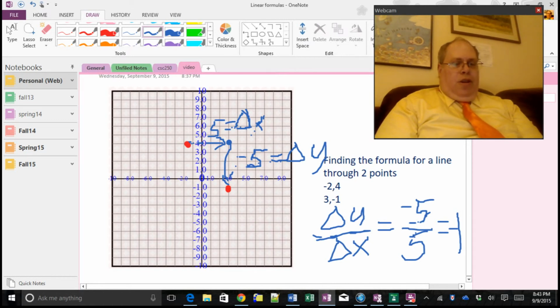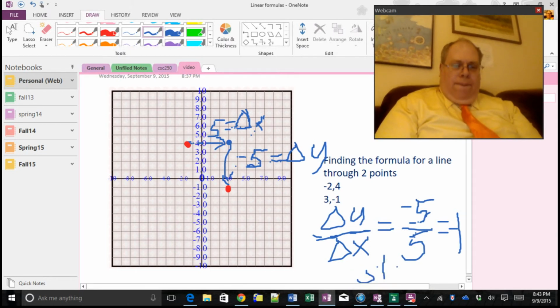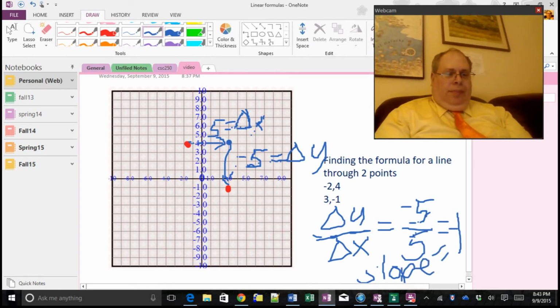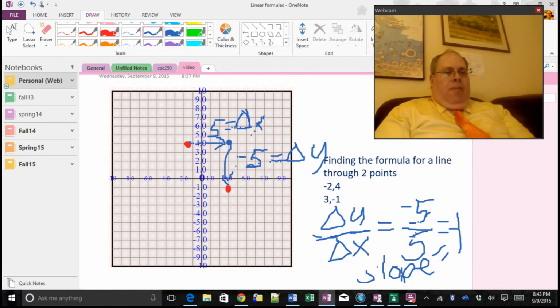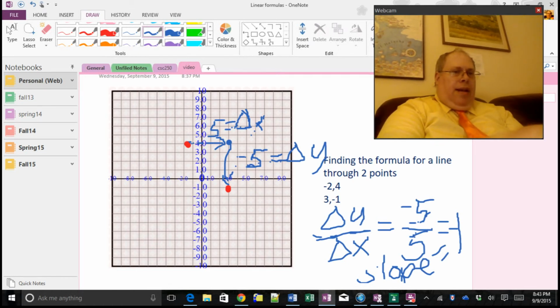So that's the first step, we now know that is the slope. It's -1. Now, once we know the slope is -1, it makes it easy to continue the line.